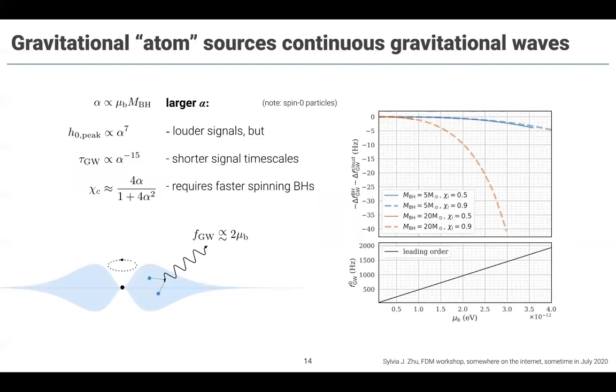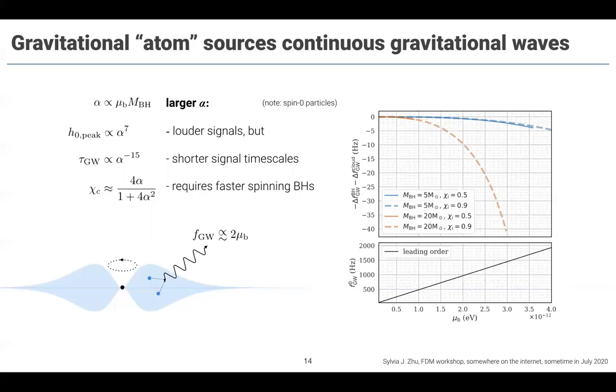Of course, it's not as simple as that, because when you have louder signals, that means the particles are annihilating more quickly, and so your signal is going to die down more quickly. The rate at which the gravitational wave signal dies down can be described by this time scale tau, and this time scale is proportional to alpha to the negative 15.